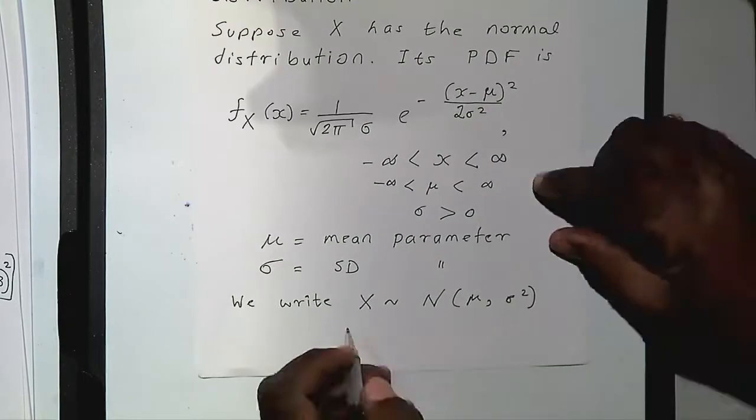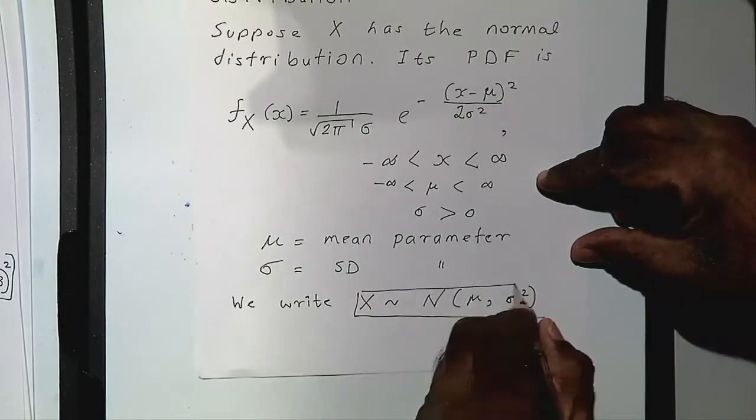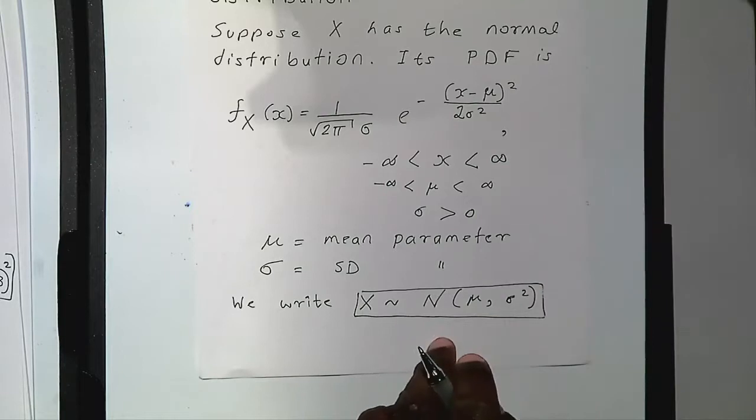So this is the notation I shall use to denote a random variable that has a normal distribution with parameters mu and sigma. Okay, guys. Right. Now the next thing is the CDF.